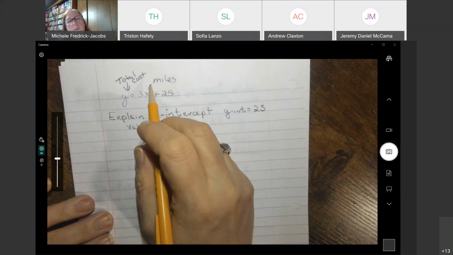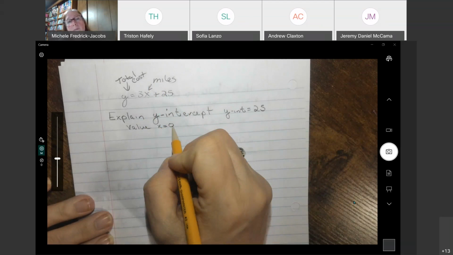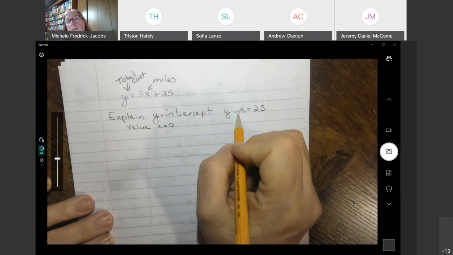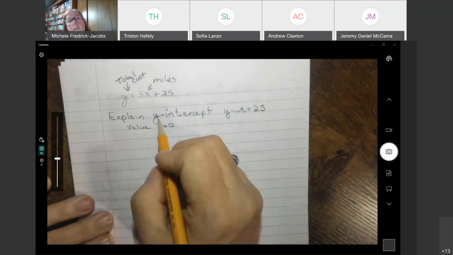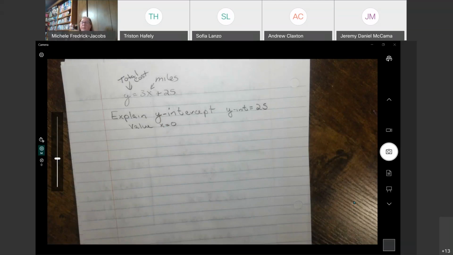Remember, X is miles. So if we drive 0 miles, the total cost is 25. So what the y-intercept tells you is at time 0, or in this case at 0 miles, we still cost $25. So if we rent the car and then decide not to drive it, we have a cost of $25.